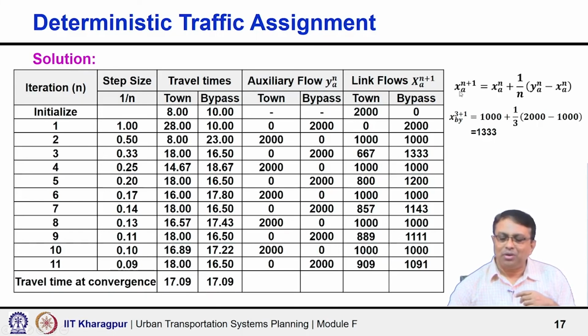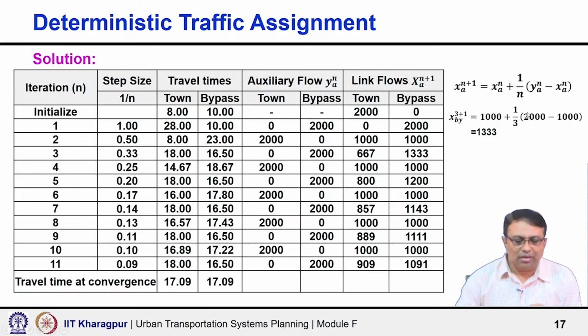That will depend on the nth iteration link flow in the same link, the value of n, and also this difference between the present auxiliary flow and the nth iteration actual flow. That will govern it.